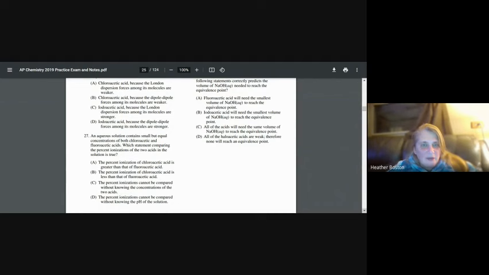Number 27, an aqueous solution contains small but equal concentrations of both. Which statement comparing the percent ionizations of the two acids is true? This is also something that we haven't really done yet. In percent ionization, the stronger an acid is, the more it ionizes. So the weaker the acid, the less it's going to ionize.